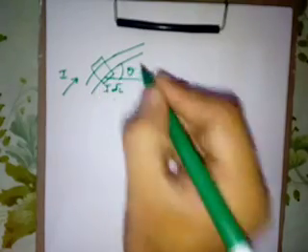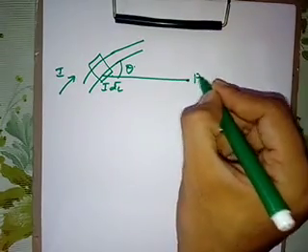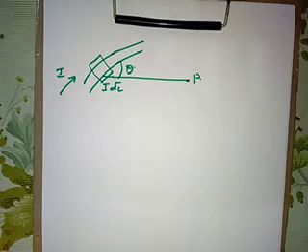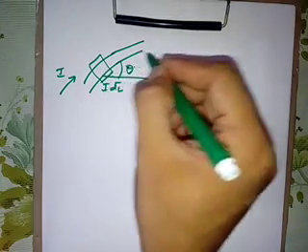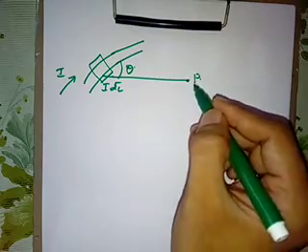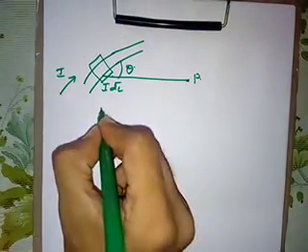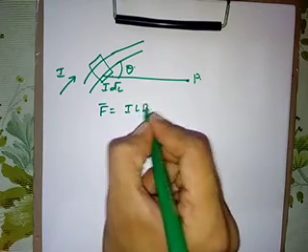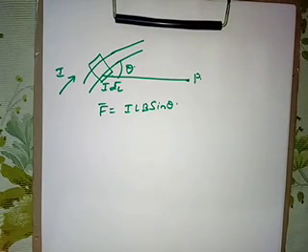What is angle theta here? Angle theta is the angle between the current element and the line joining the point P with the current element. So the force F is equal to I into L into B sine of theta. This is the expression for the magnitude of the force.